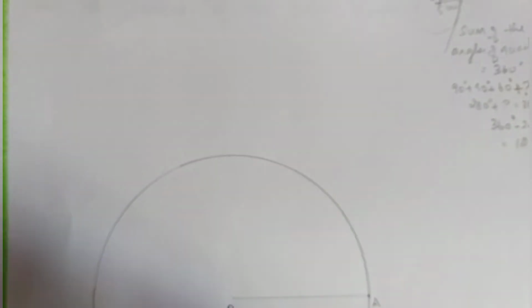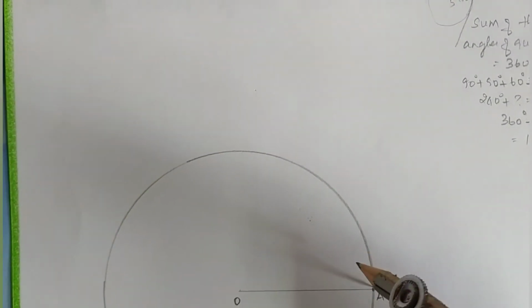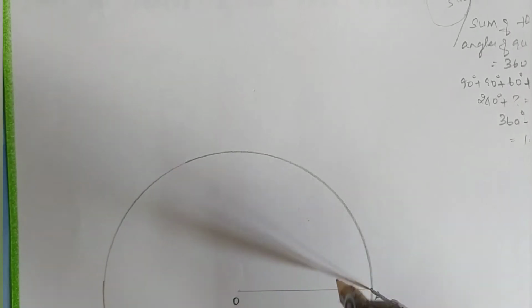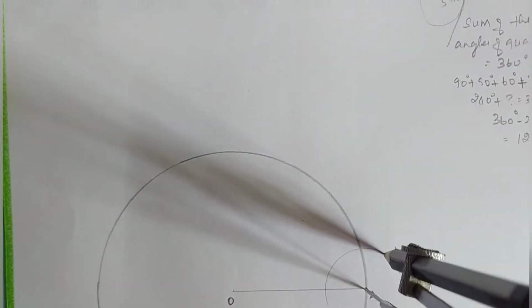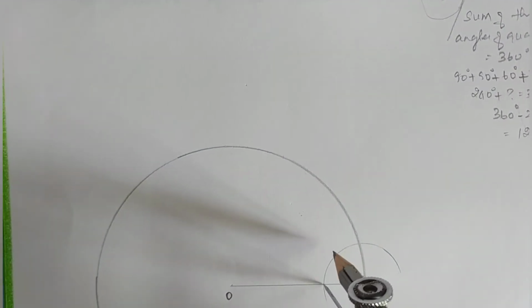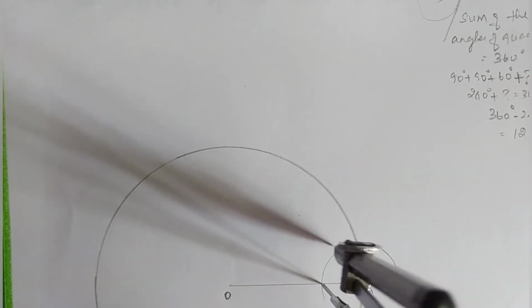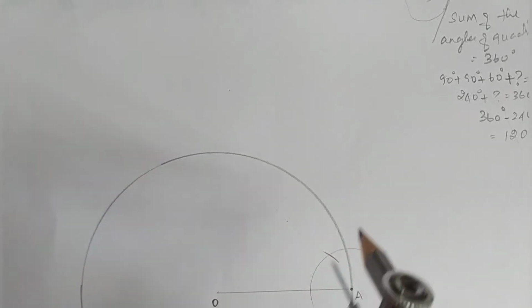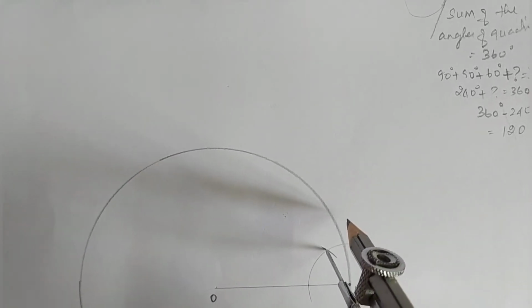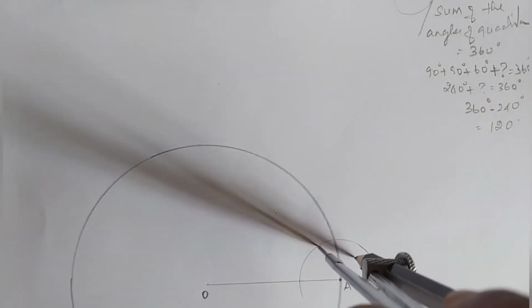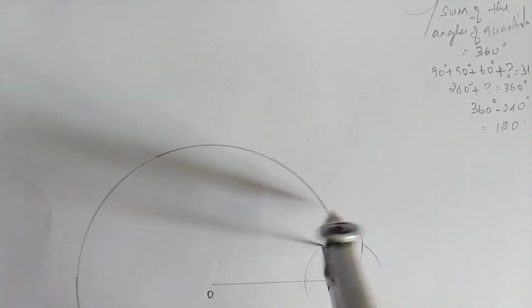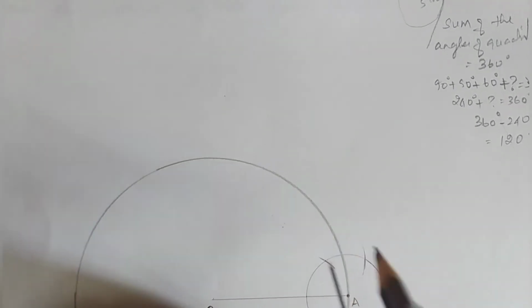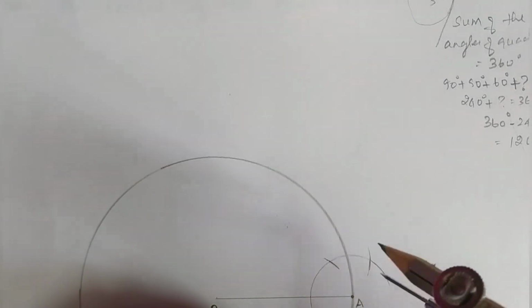Take some measure in a compass, cut a semi arc, and without changing that measurement cut another arc on that old arc. This is 60 degree and this is 120 degree.